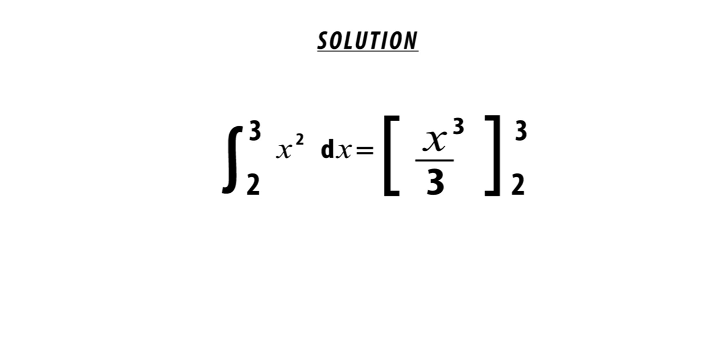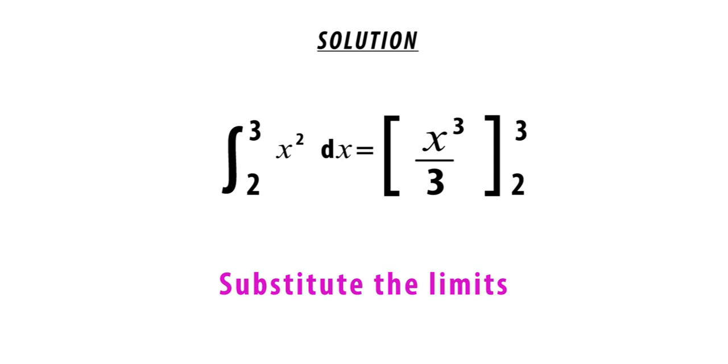This is equal to the value of x cubed divided by 3 when we put in 3, minus the value of x cubed divided by 3 when we put in the lower limit 2. So after integrating, substitute the limits, the upper limit first minus the lower limit.